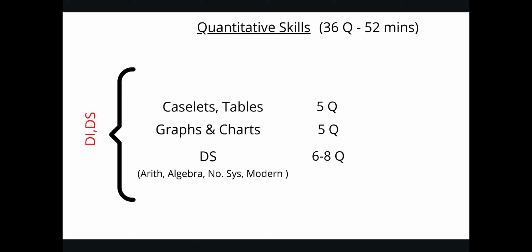So there is no need to focus separately and specifically on data sufficiency. All right, so we can expect anywhere between 6 to 8 questions as far as data sufficiency is concerned. So overall, DI and DS, the total number of questions are 16 to 18.